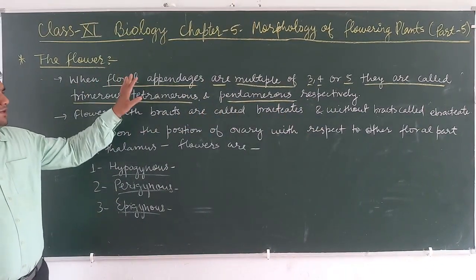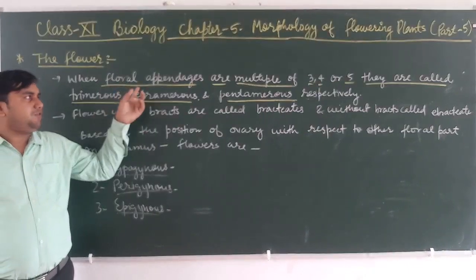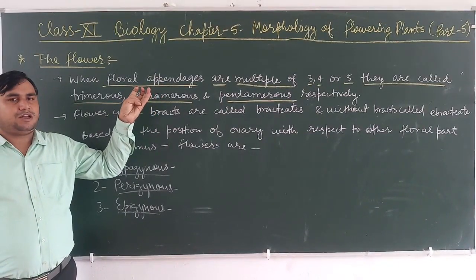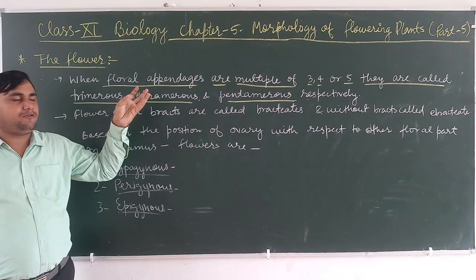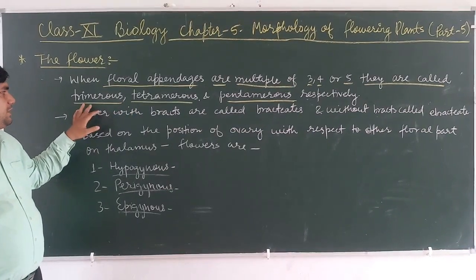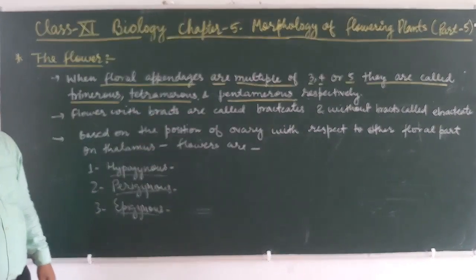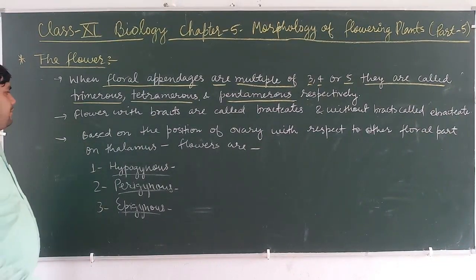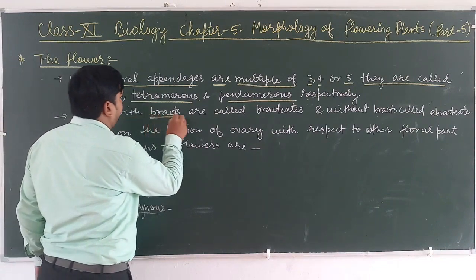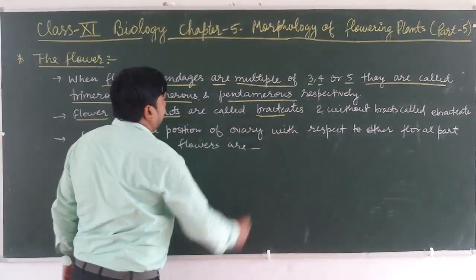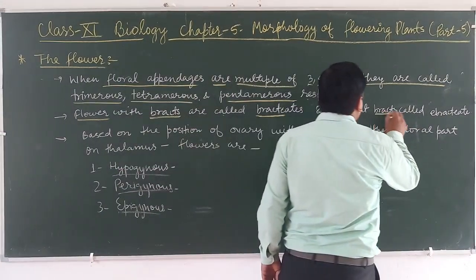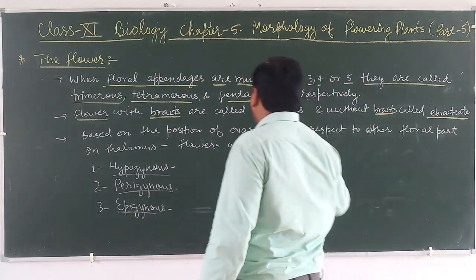When a flower has a bract it is called bracteate, and without bracts it is called ebracteate.